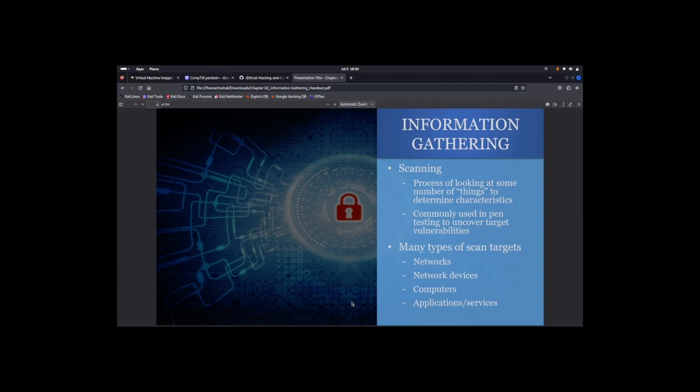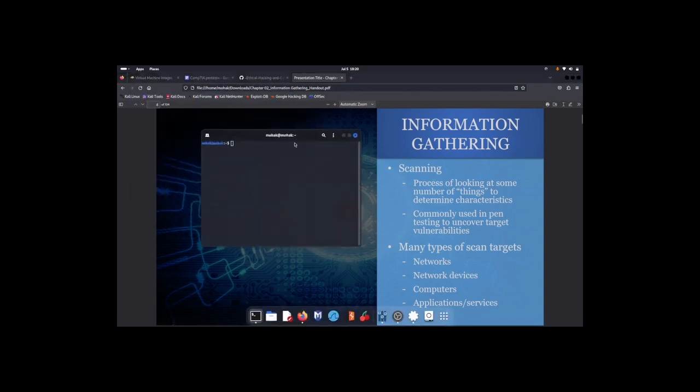There are various types of scan targets: basically network devices, computers, and applications or services. What are these things? Networks means, for example, when we are scanning with nmap. If I'm opening my terminal and searching nmap, or just using ping to connect to a particular address.